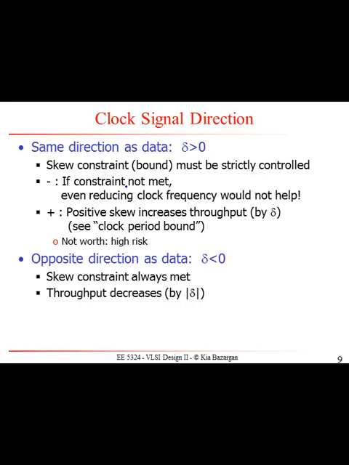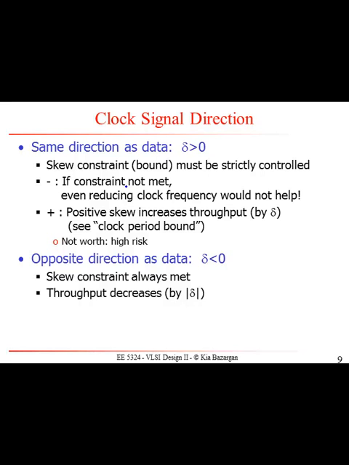So if you have a positive skew, it's going to, in essence, trick the system, and the system is going to assume that your combinational logic has less delay, which means clock frequency could go up. But the problem is, if you have race conditions, then you're doomed. There is nothing you can do. And essentially the system is not going to work.